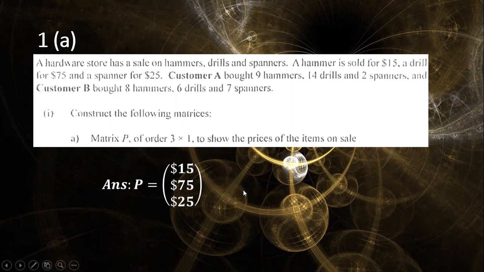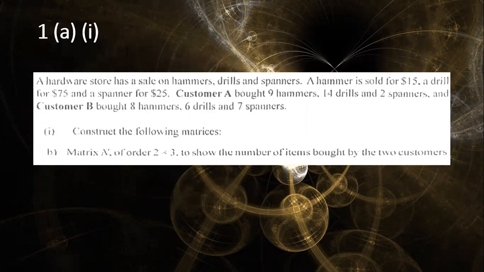Pretty much straightforward. The next part of the question reads, construct the matrix N of order 2 by 3 to show the number of items bought by the 2 customers. Now, if we read through the question again, we can see that customer A came first and customer B came second.